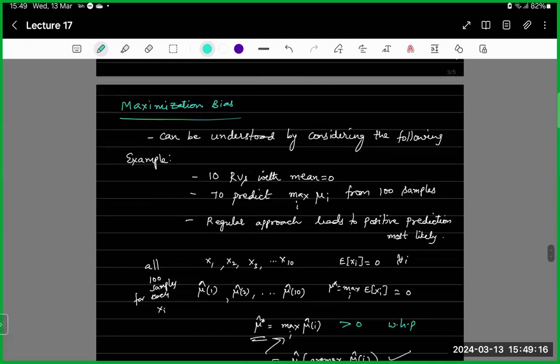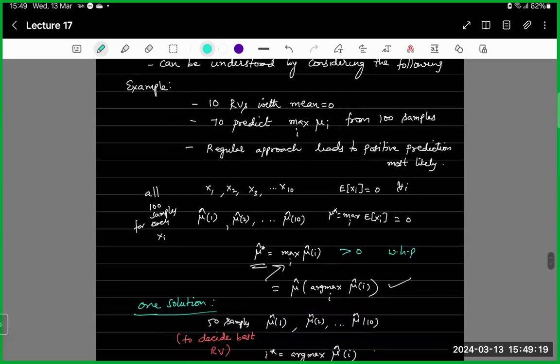As we have seen, whenever you have some random variables and are trying to find the maximum expected value, there is inherently an issue with maximization bias, and we looked at one way to address this, which is that you maintain two estimates of your averages. So you use one set of estimates to decide which is the best action, and use the other set of estimates to find what is its expected value, right?